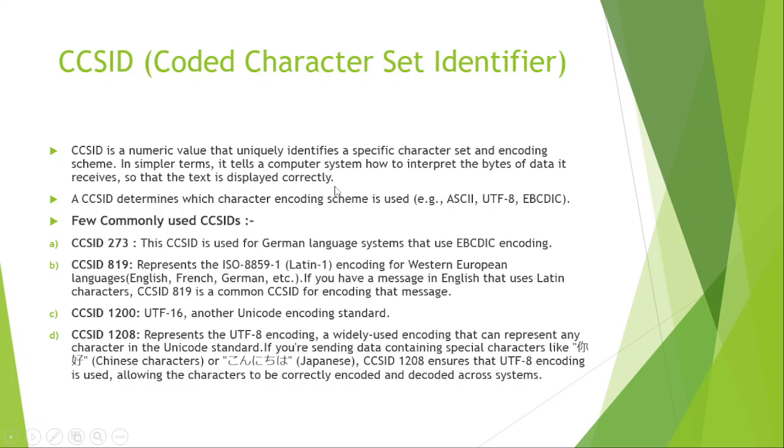It is not about how many letters we are typing on the keyboard; it tells the computer how to interpret whatever we type on the keyboard, and this can be achieved with the help of encoding and CCSID.